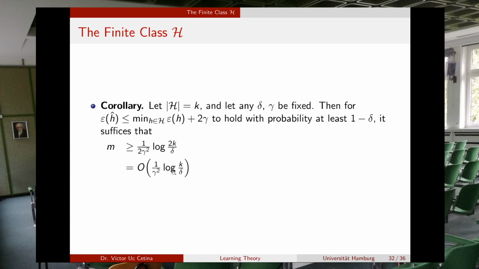So even if you increase the number of hypotheses that you want to analyze, the number of training examples that you need for training will increase logarithmically. So it is, of course, much better to have this relationship instead of something exponential or even quadratic or linear. This is less complex than even linear complexity.